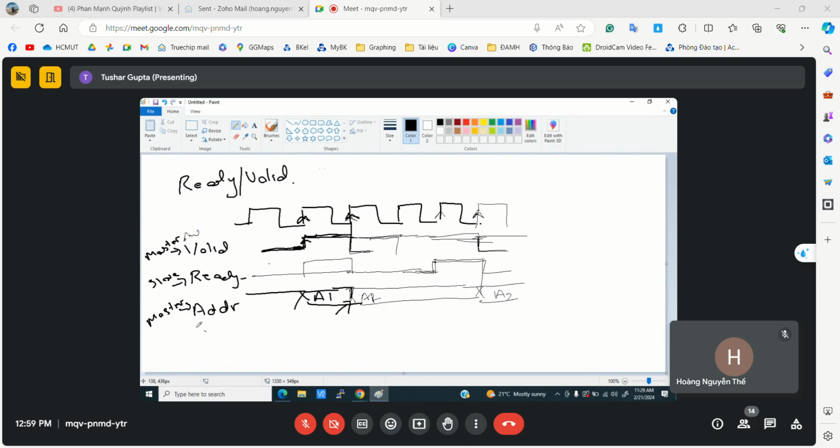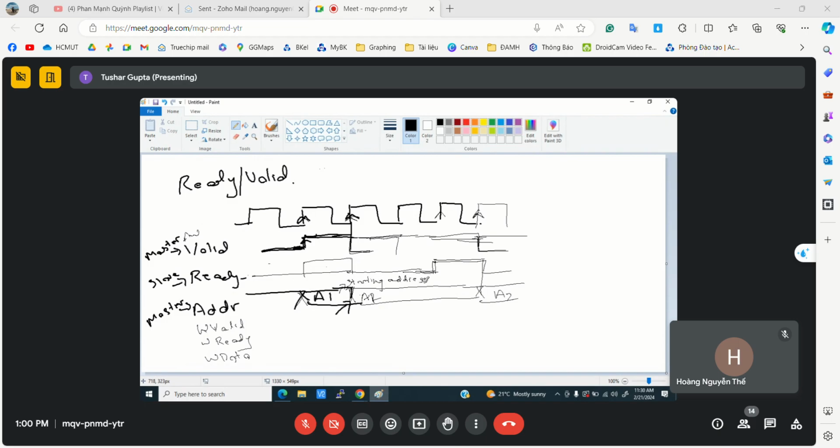Now we'll see what happens with W valid, W ready and W data. What happens with the write data channel? In AXI we only send the starting address for a particular burst. So this A1 is only the starting address where we want to write.